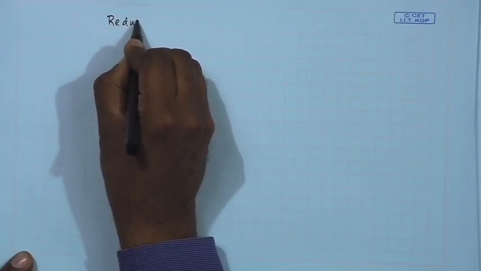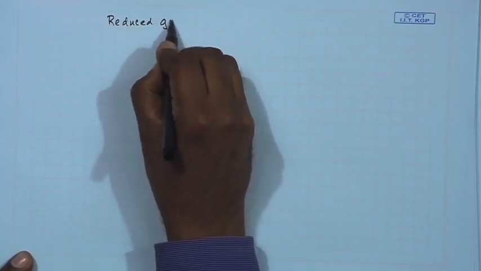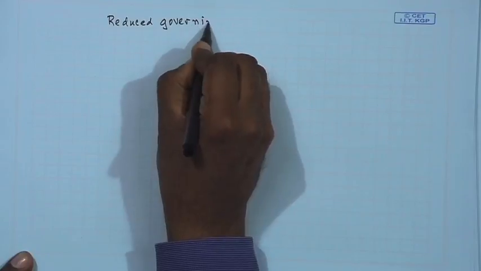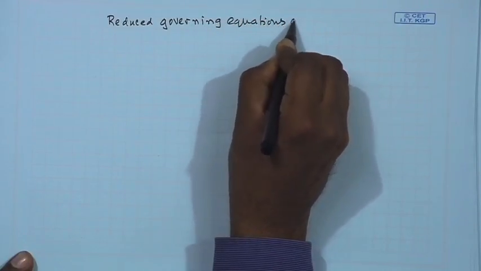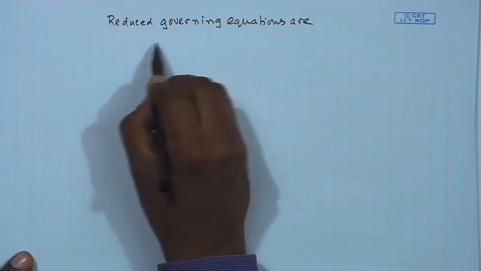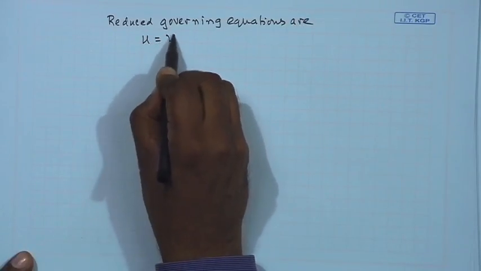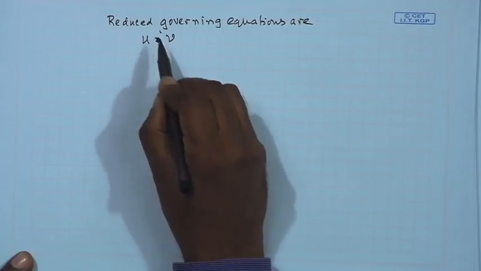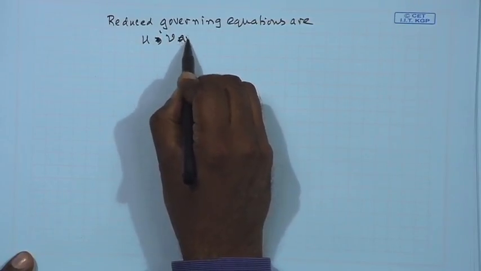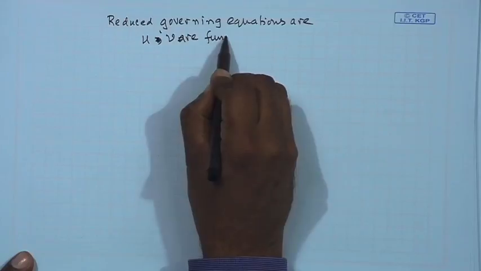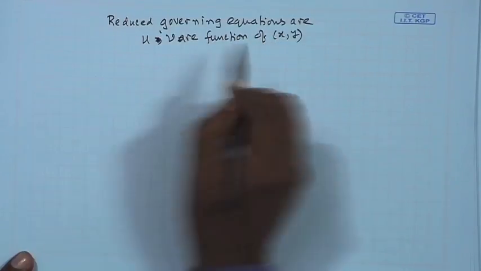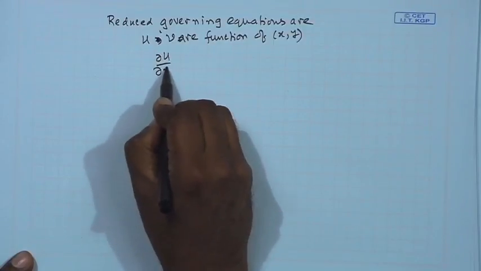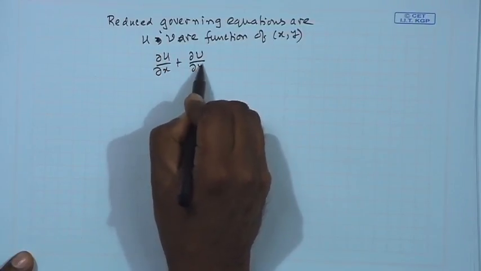So the reduced governing equations are, that is, u, v and all not equal to u, v are functions of x, y only. So one can write del u del x plus del v del y equal to 0.